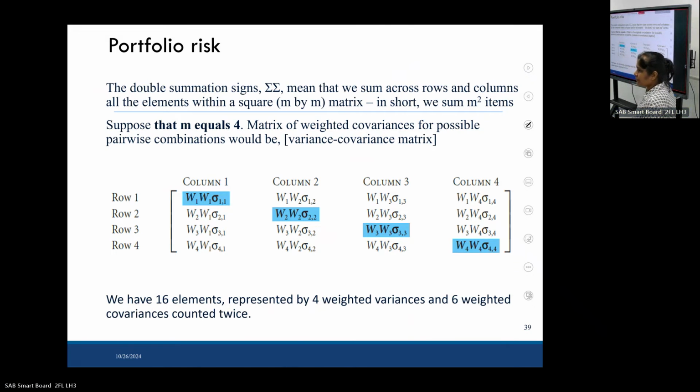You can see there are 16 elements, represented by 4 weighted variances and 6 weighted covariances, each counted twice. Just think about that double summation formula.